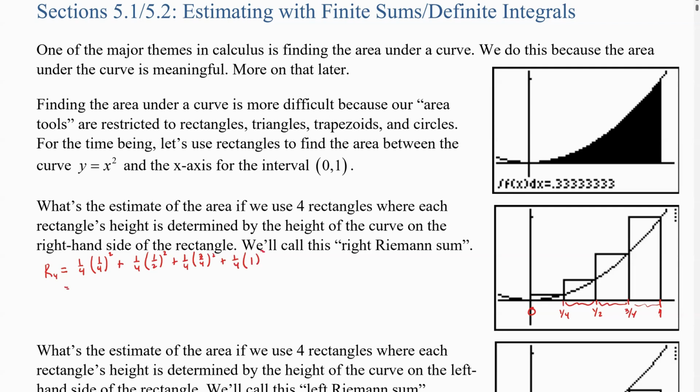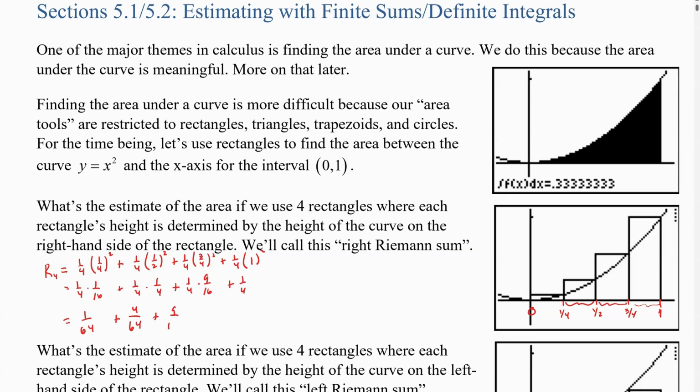So if we try to clean this up, I get 1/4 times 1/16 plus 1/4 times 1/4 plus 1/4 times 9/16 plus 1/4 times 1. We've got a common denominator of 64, so I get 1/64. I get 1/4 times 1/4, that's 1/16, but if I want to convert that to 64ths, I'd multiply by 4. So how about 4/64?